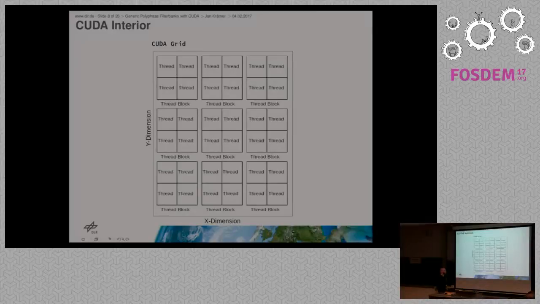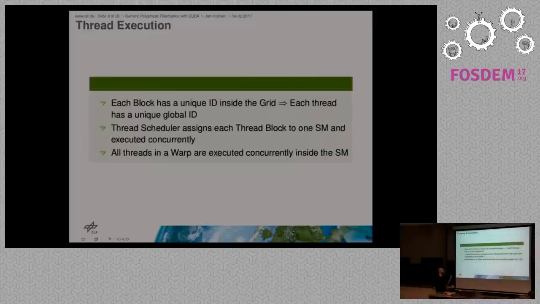The way this works is that each of these blocks has a unique ID inside this grid. So you can access block 22 or whatever block, using a 2-dimensional ID that you give them. And each thread inside the thread block also has a unique ID within the thread block. So if you know the ID of your thread block and the local ID of your thread inside the thread block, you can access a thread inside your program.